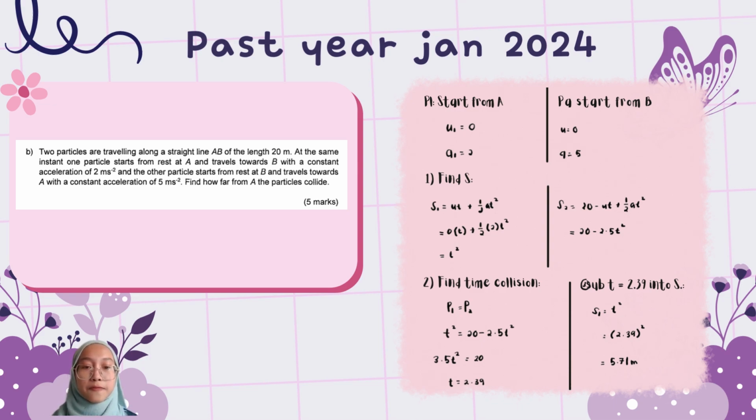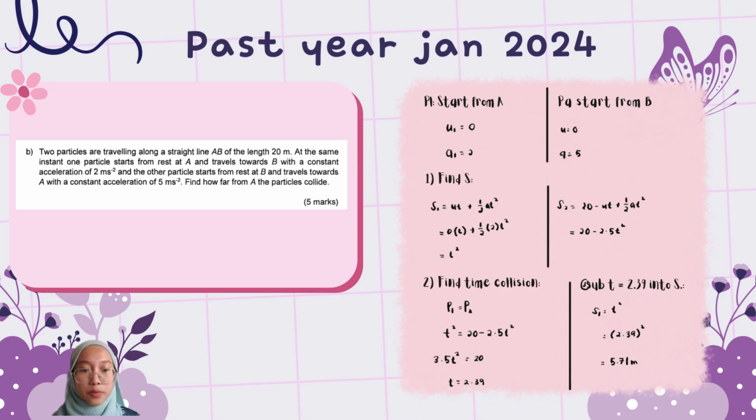So next, the first thing you need to do is find the distance, or you need to find the s. We can use the formula s equals ut plus 1/2 at squared. So for both particles, we will get for particle 1, t squared. For particle 2, it is 20 minus 2.5 t squared.